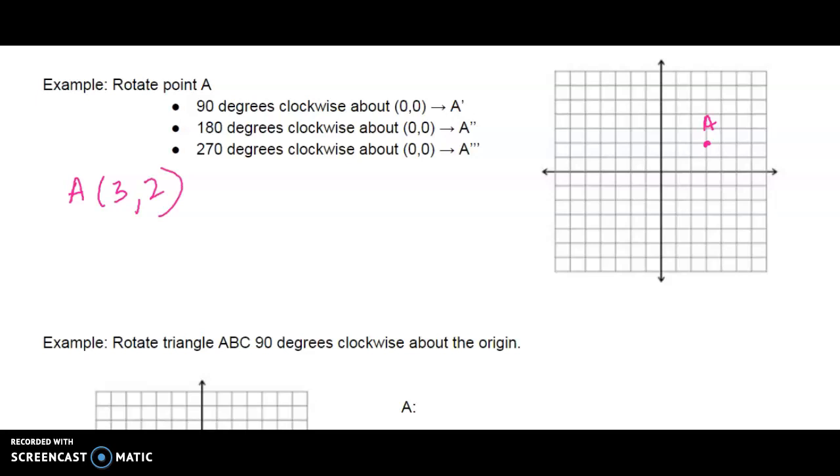So when I think about that, I want this imaginary dotted line from the origin to point A to make a 90-degree angle. When I do that, I see that A prime will end up right here at (2, -3).